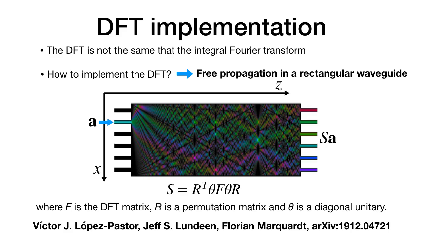Let's say that we inject a superposition of wave packets on one side. At some propagation length, we will obtain another superposition of wave packets, and the amplitudes of these wave packets will be related to the input wave packets by a unitary transformation S, which in fact we can show is nothing else than a discrete Fourier transform up to a permutation of the channels and phase shifts.